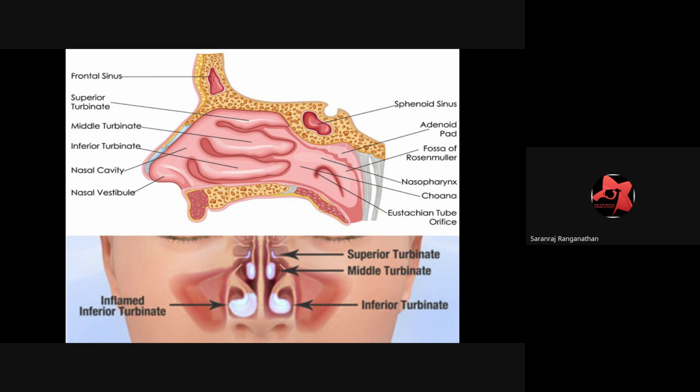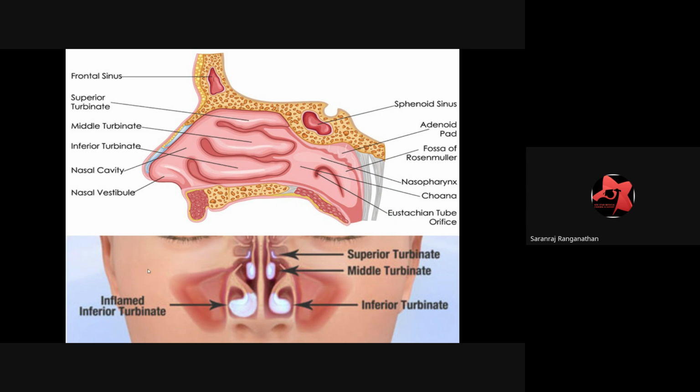Okay, then next one is the nasal cavity and nasal vestibule. Then the back side of the nose, these are the anatomical parts involved: adenoid pad, then fossa of Rosenmuller, then nasopharynx, then choana, then Eustachian tube orifice.